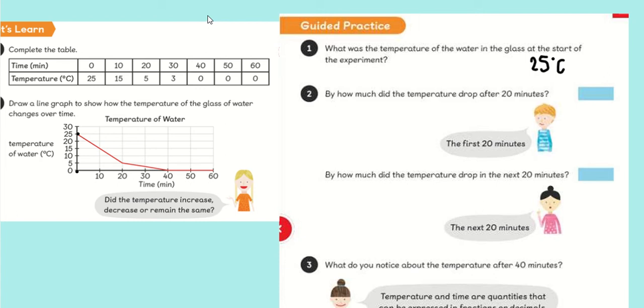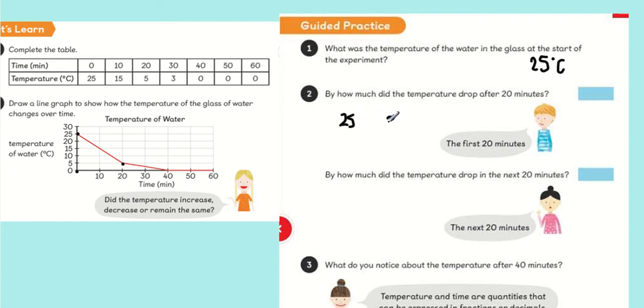Okay, let's go through these questions then. So, question 2, by how much did the temperature drop after 20 minutes? Okay, so we need to see where we were at the start and where we are now. So we started at 25 degrees, and after 20 minutes, if I look at my graph, I go to 20, I go up and along, I get to 5 degrees.